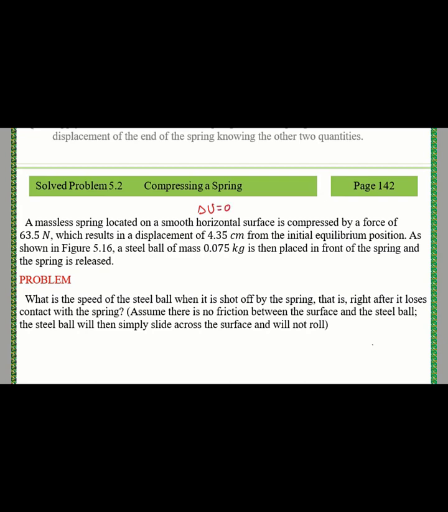It is compressed by a force, this is the force of compression, which results in a displacement, this is x, the extension, and it should be converted into meters by multiplying by 10 to the minus 2 meters, from the initial equilibrium position as shown. A steel ball of mass is then placed in front of the spring. What is the speed of the steel ball when it is shot off by the spring?